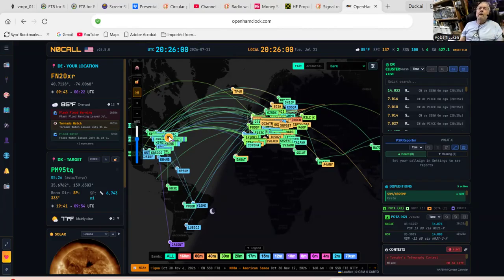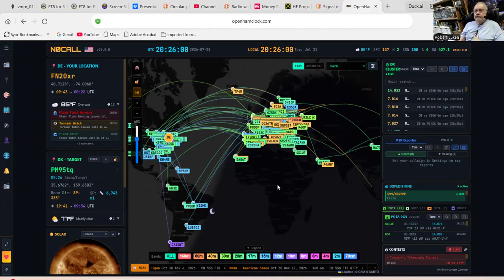So you can see, knowing where you are, which in this case was over here where the DE is, which is CW shorthand for something like "this is" or "from." Not sure of the exact definition, but when you're making a contact on CW, you'll usually send the call sign of the person you're trying to contact, followed by DE, followed by your call sign, which is basically saying XYZ, I'm ABC.